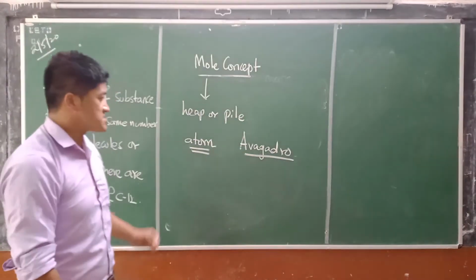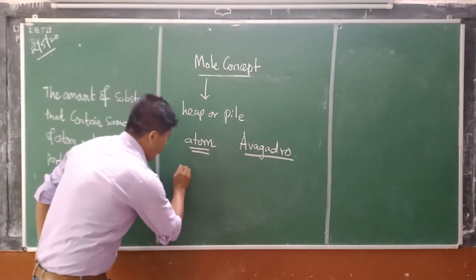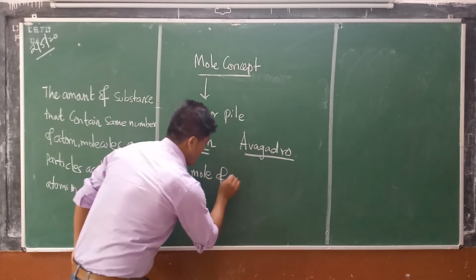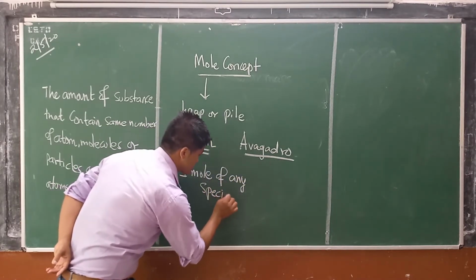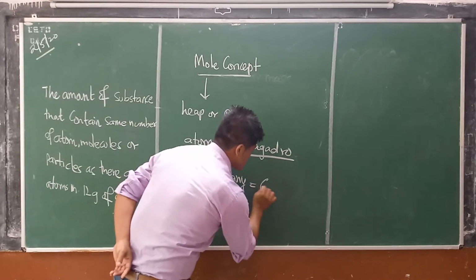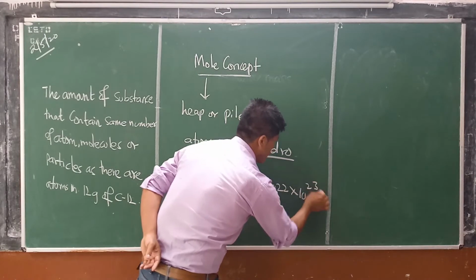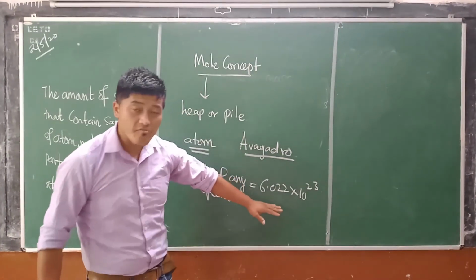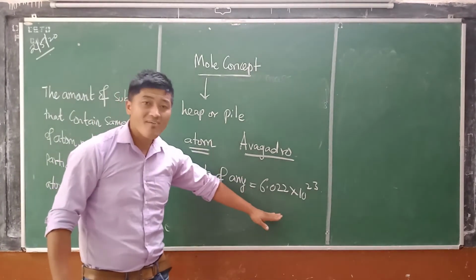He researched and gave a conclusion that one mole of any species is equal to 6.022 into 10 raised to power 23. Now this is a number, given by Avogadro, which is why this number is also referred to as Avogadro number.